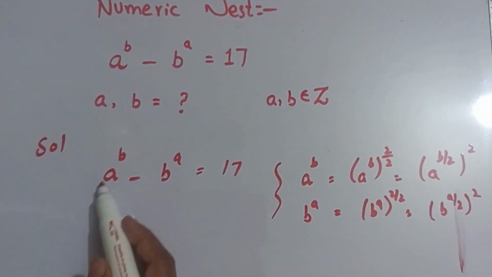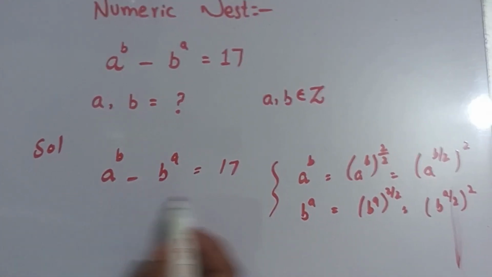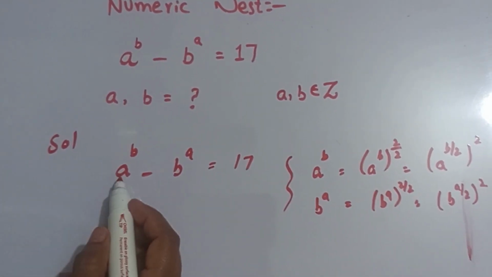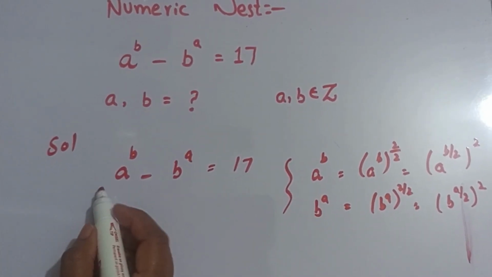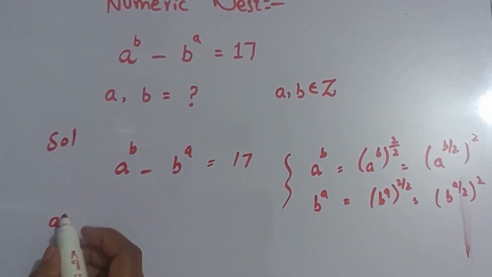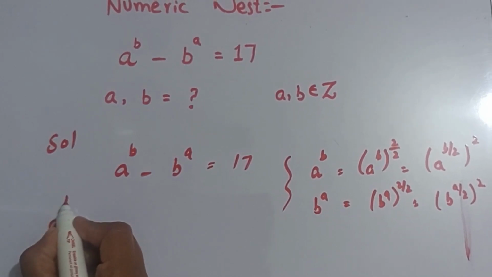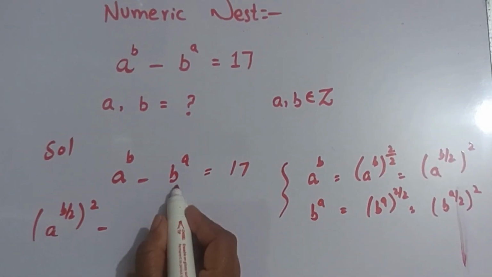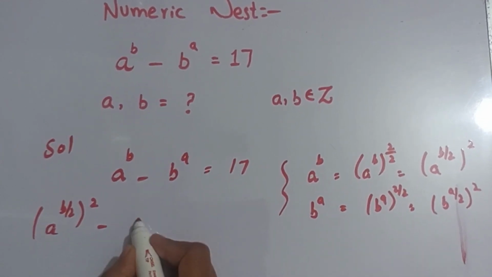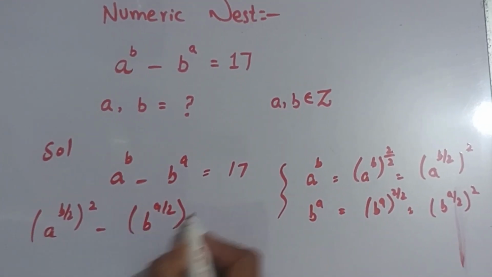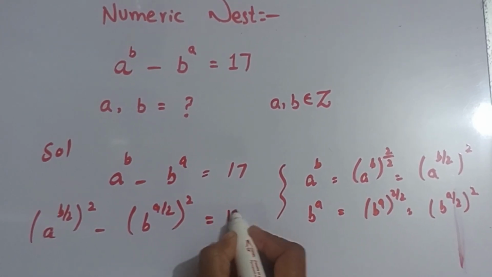So according to this information, we write a raised to the power b divided by 2, whole raised to the power 2, minus b raised to the power a over 2, whole raised to the power 2, is equal to 17.